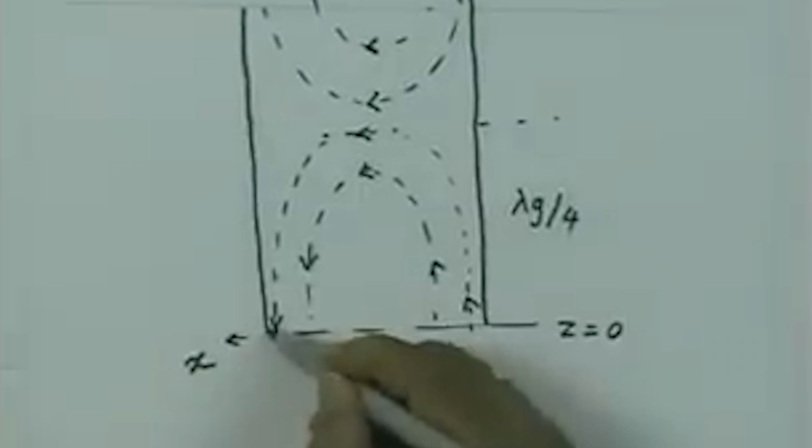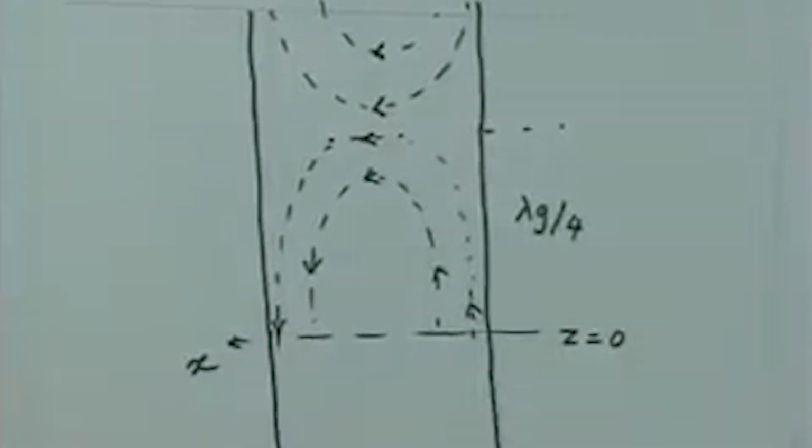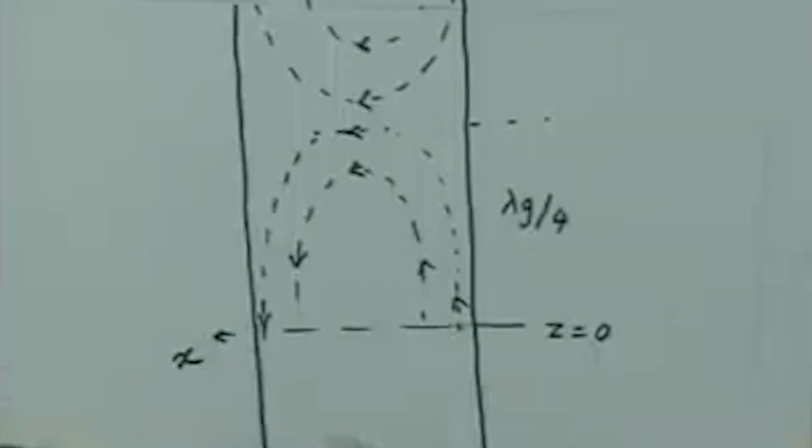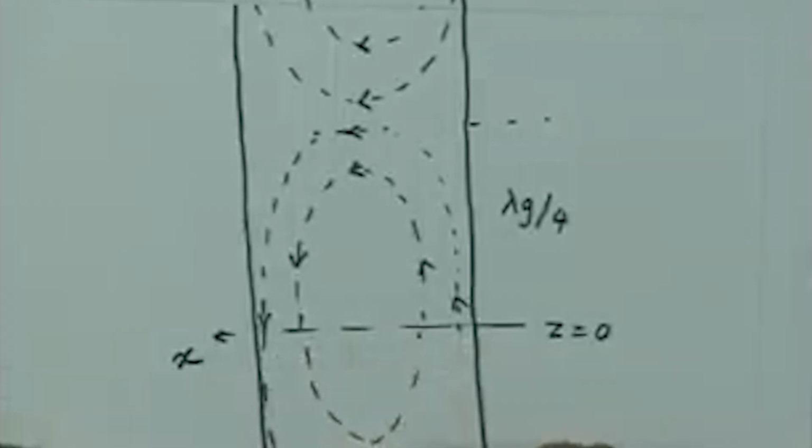If I now say that I have a waveguide which is running from minus infinity to infinity, essentially I will get the loops of the magnetic field lines which will look like that, where this separation will be equal to lambda g by 2.